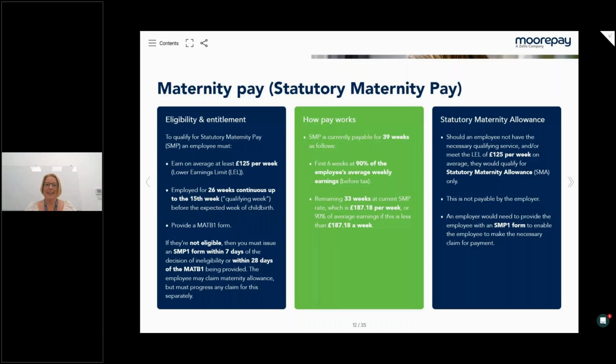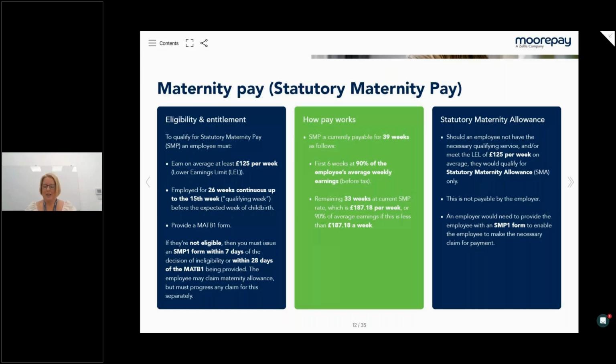So just to be clear, if they earn over the £125 a week, but less than the statutory payment of £187.18, they would get 90% of their average earnings for the entire period. And as I've already mentioned, for maternity allowance, if they've not got the entitlement to maternity pay, they take the SMP1 form to the benefits people, and they will then claim from the government.